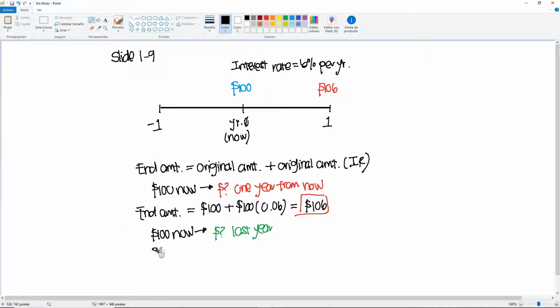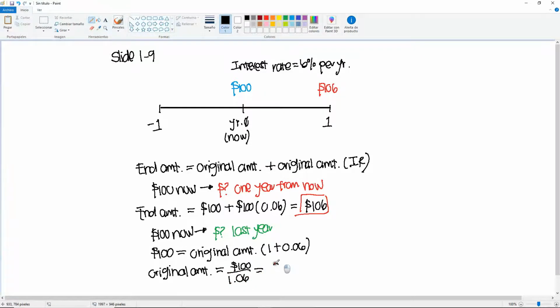So we're gonna put 100 equal, and I'm going to use a factored out version because it's easier, equal to the original amount times 1 plus 0.06. And we need to solve for the original amount. So the original amount will be equal to 100 divided by 1.06, giving us a total of $94.34.